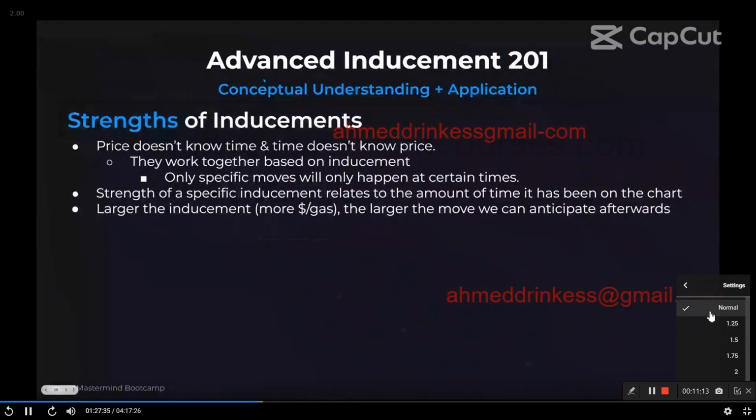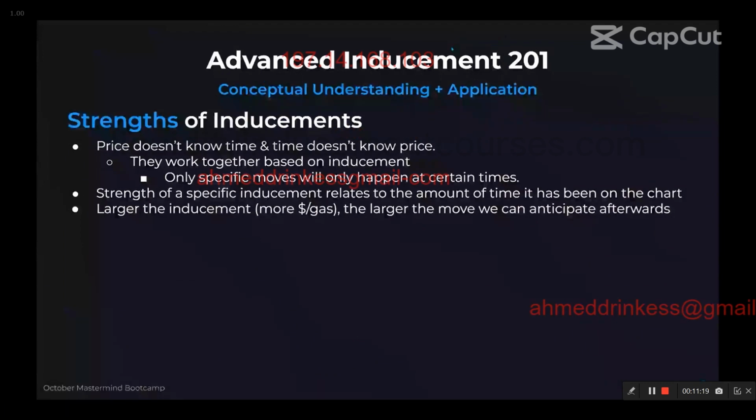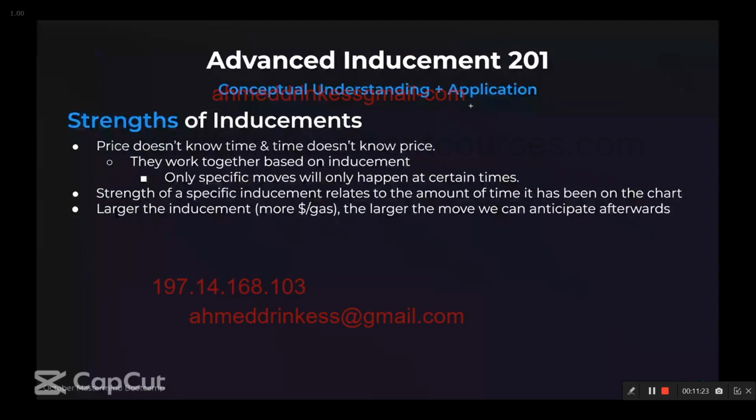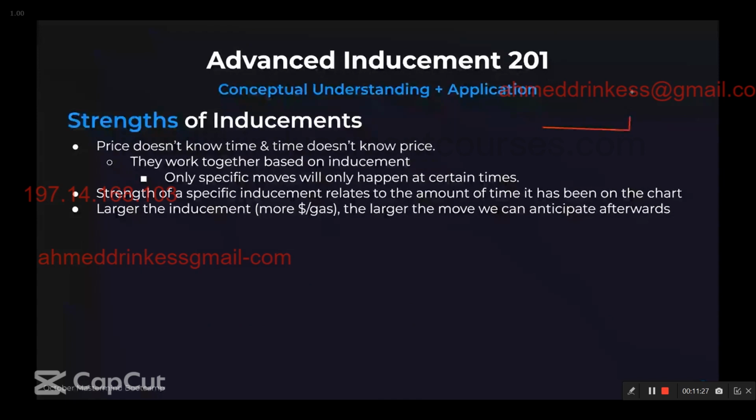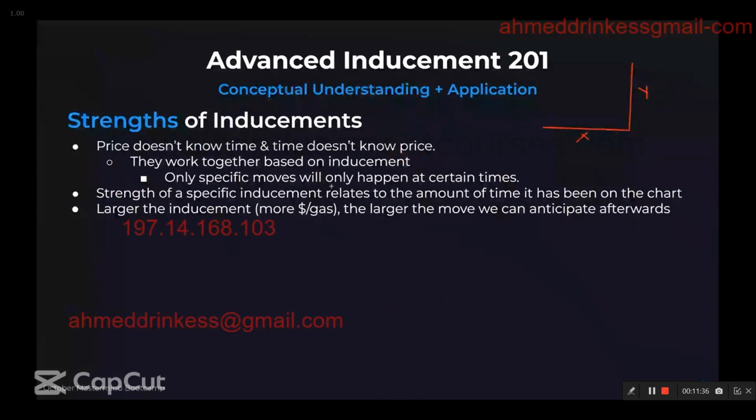One thing that we need to understand, from a long time ago: price doesn't know time and time doesn't know price. If you've heard of that before, what does that mean? On a chart, the x-axis is always going to be time, the y-axis is always going to be price, meaning they do not know one another.